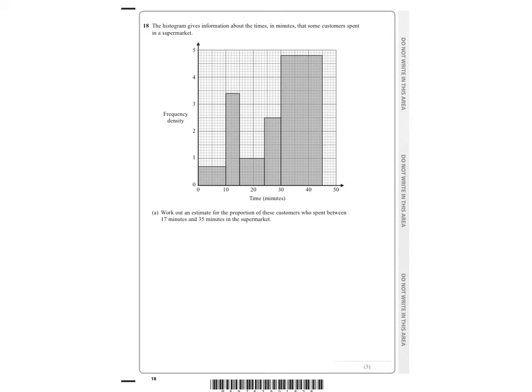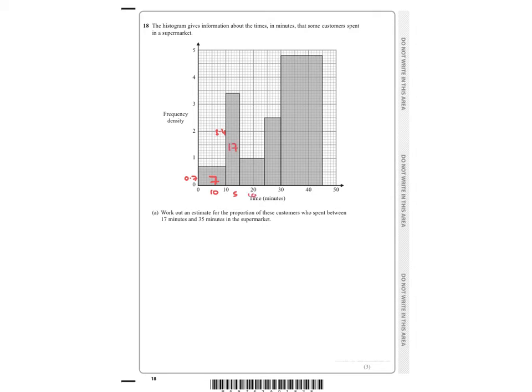From 0 to 10 goes up 0.7, so 10 times 0.7 means this whole area is 7 people. We have 5 and 3.4, so 5 times 3.4, so this is 17 people.